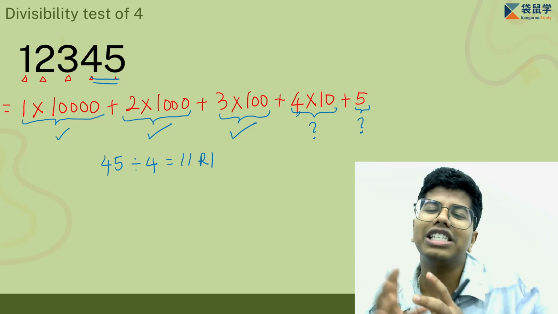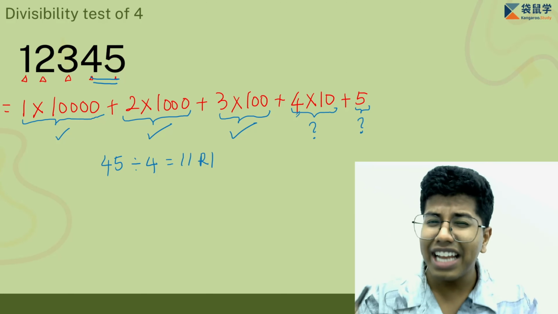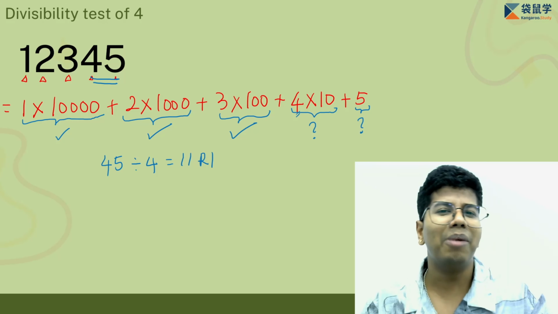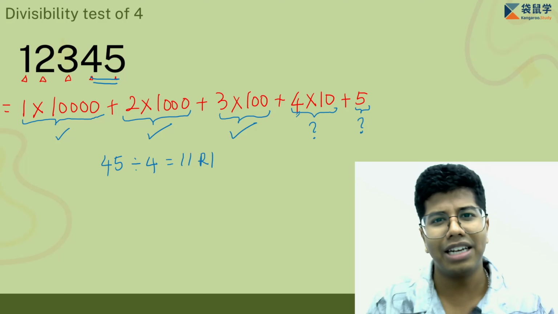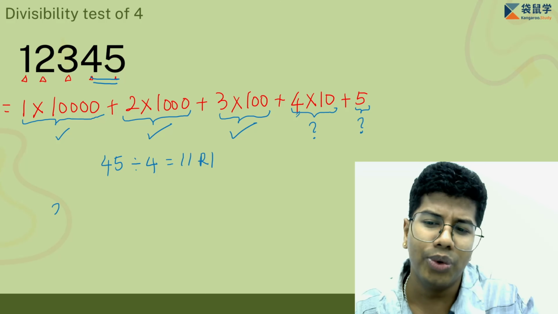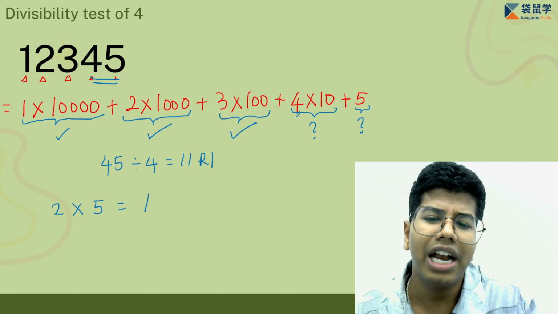Now, it's not just 4 that is present. There is another number that shares the same divisibility test with 4, and that number is 25. Let's try to understand how that is present. Let's say I write down a number that is 2 times 5. Now, 2 times 5 is nothing but 10.